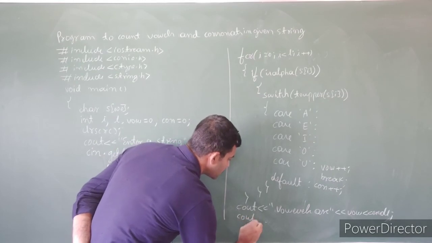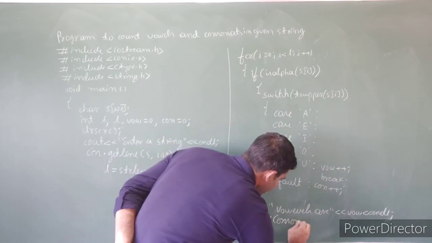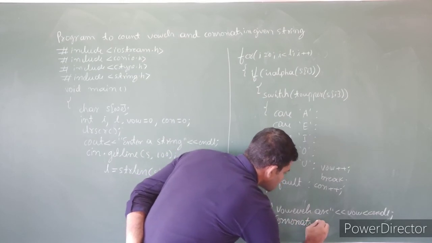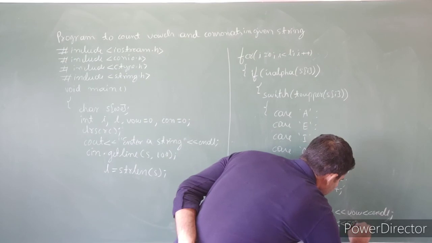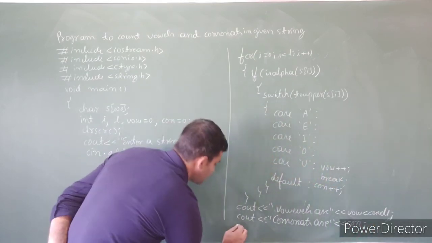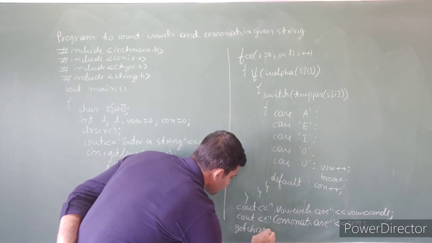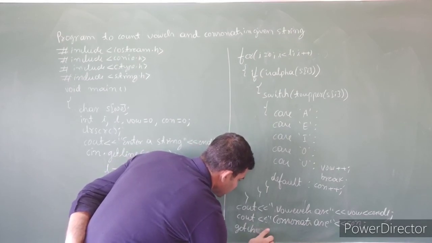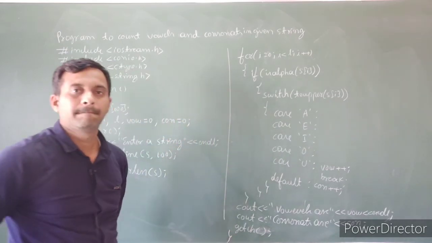Then one more output: consonants are, variable name consonant. getch, then close the main program.